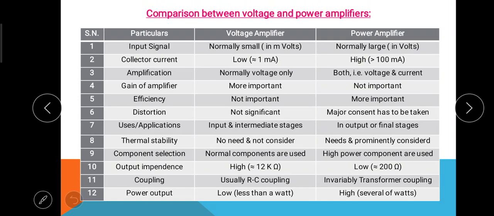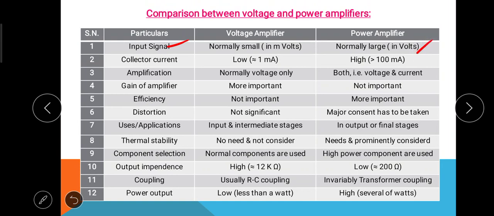So one by one we will try to discuss. Let us take the first particular, the input signal. See this. Now the input signal requirement in case of voltage amplifier is normally small. Particularly its typical value is in millivolts. That means in case of voltage amplifier, the input signal voltage required is very small.